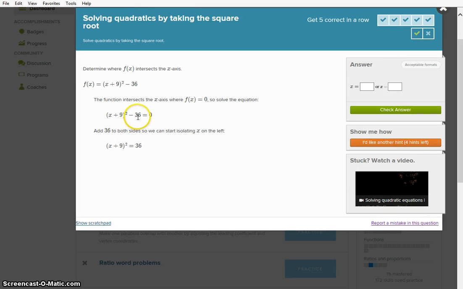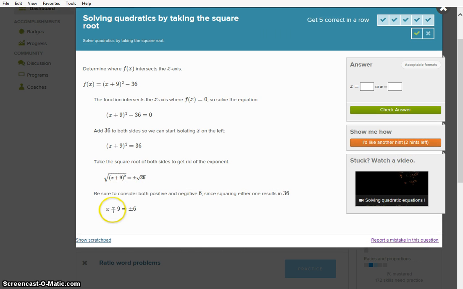So we're going to add 36 to both sides, so we can start isolating x on the left, and then we square root both sides. Because the exponent and the square root cancel out, we're going to be left with x plus 9 is equal to plus or minus 6, and then we have to move 9 over to the other side, which is negative 9 plus or minus 6 equals x.